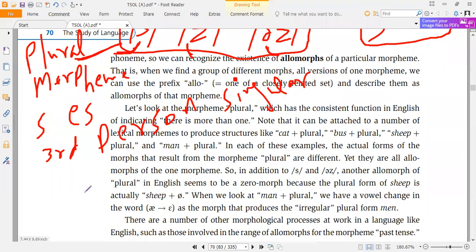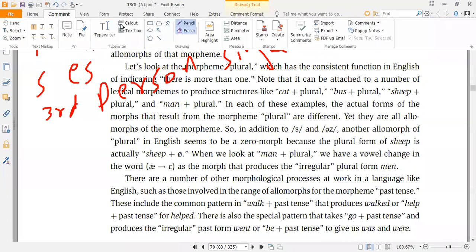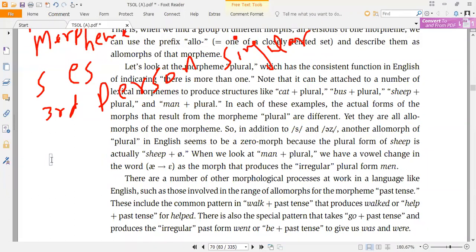If I ask you to correct this sentence, let me type the sentence: the student work hard. How will you correct this sentence?